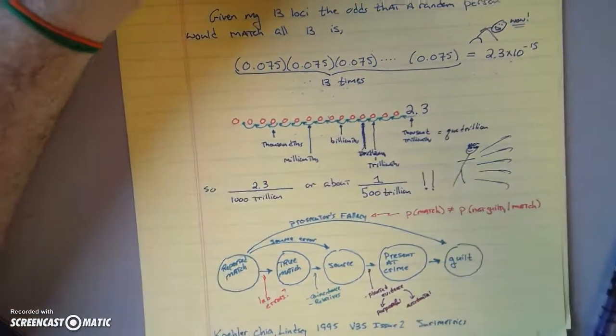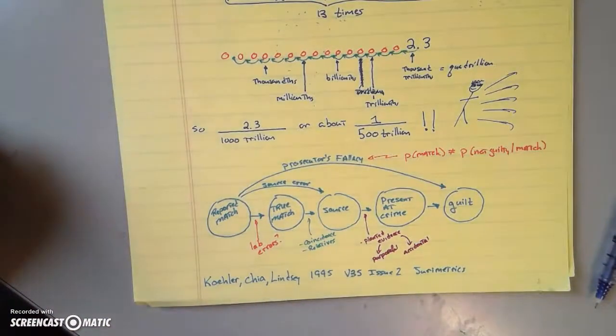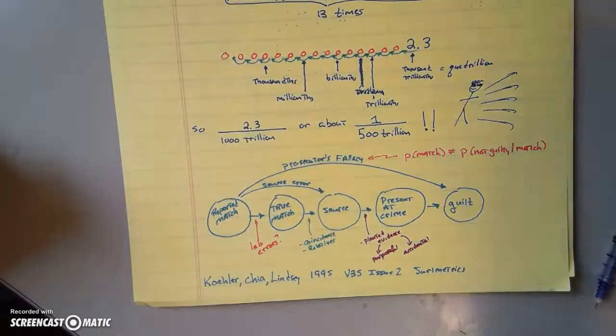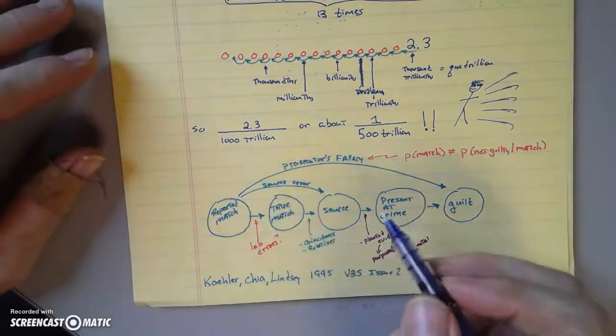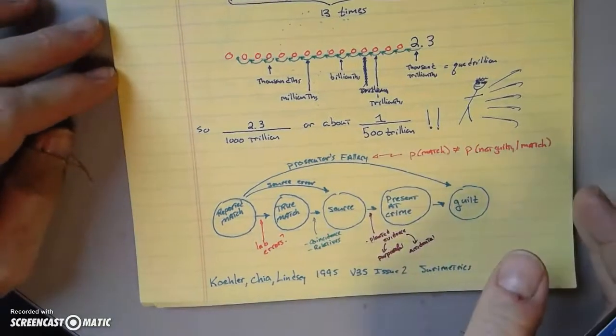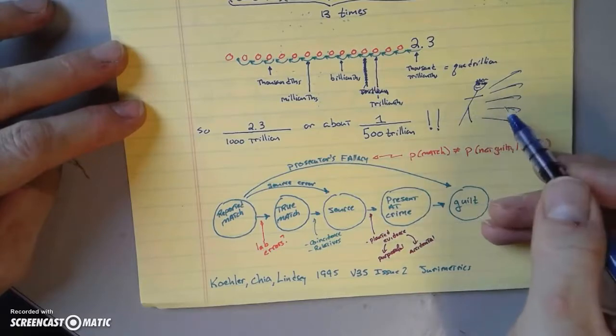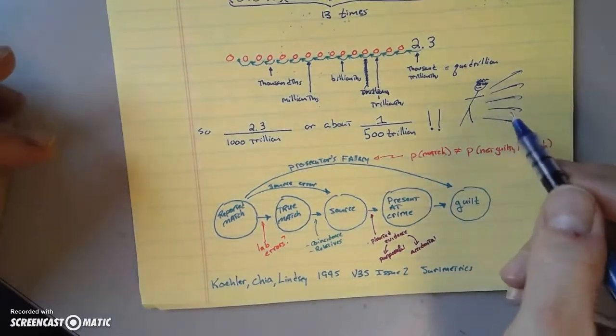Now, I showed this next chain in class today. This is an inference chain. And here's how it works. So suppose there's been a crime. They find DNA at the scene. And I'm the suspect. And they test it against me. So they report a match.